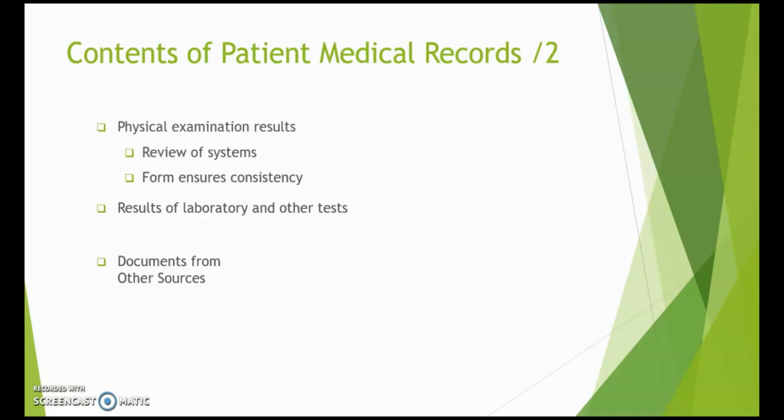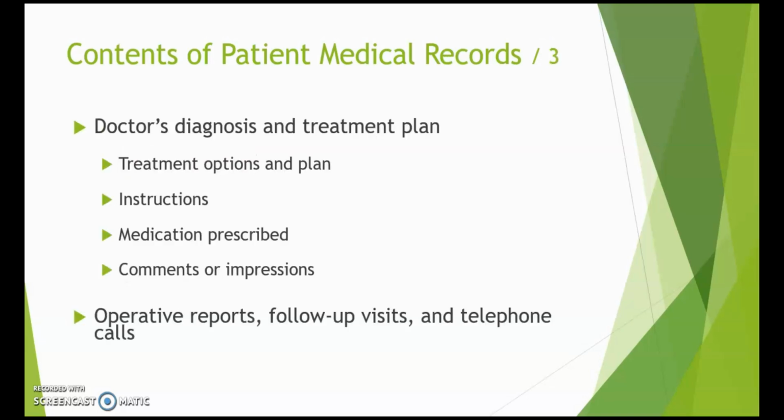Physical examination result, review of systems, form ensures consistency, very, very important, especially because we utilize this in a longitudinal sense as well. Results of laboratory and other tests, and documents from other sources. Keep in mind that the more integrative and holistic we are in providing this information, the better it is for the patient.